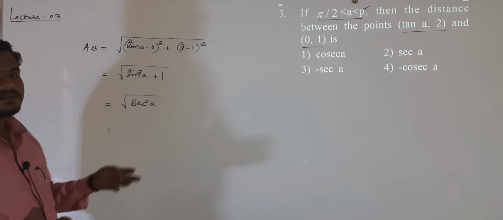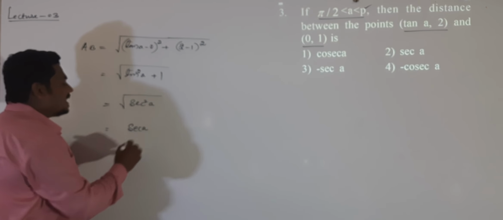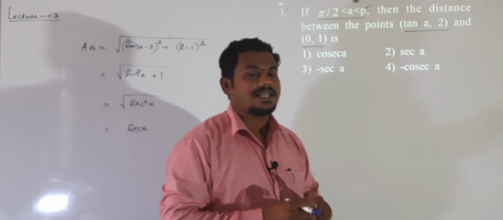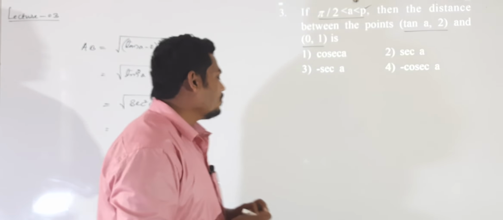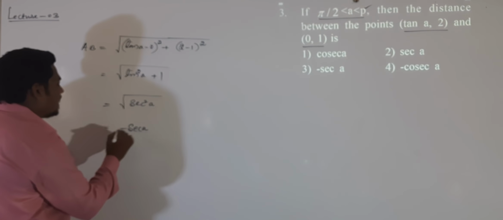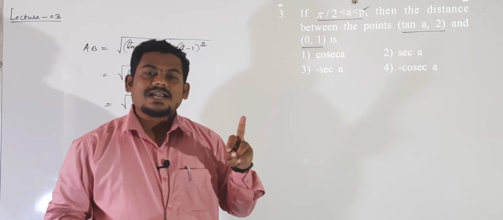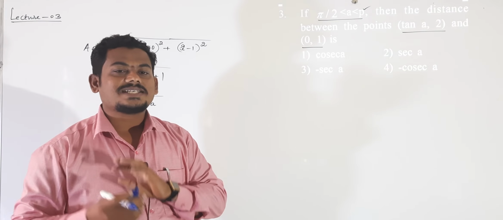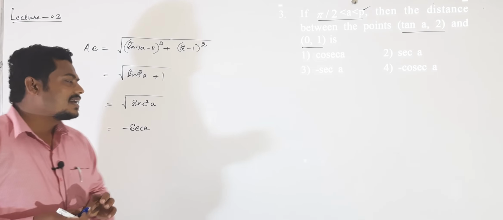After that, square root of secant square A. Look at the angle. Its value is not secant A, it is minus secant A. Why? Because if you take secant A, then what happens? Clearly the angle is in the second quadrant, which means the secant value is negative, and distance should not be negative.